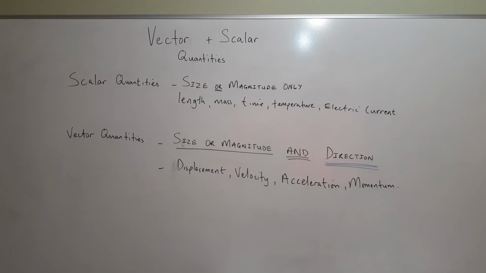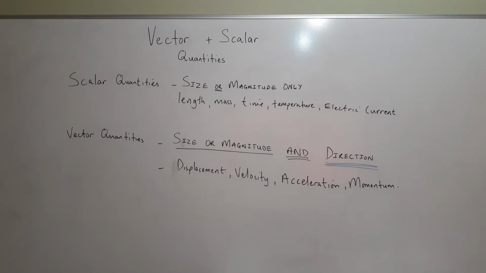Let's look at some of the examples: displacement, velocity, acceleration, and momentum. Displacement is simply length or distance, right? A length is a distance, as you know, in a particular direction. So if I say we traveled a distance of 10 meters, that's our distance, or the length that we traveled, how far we traveled.